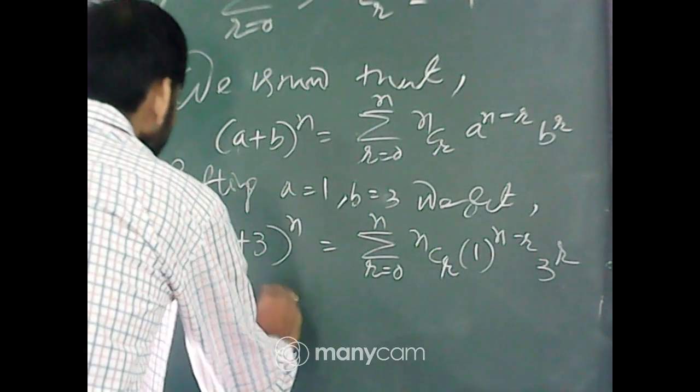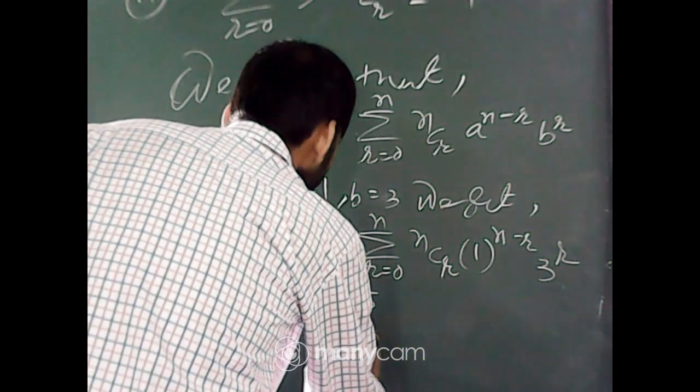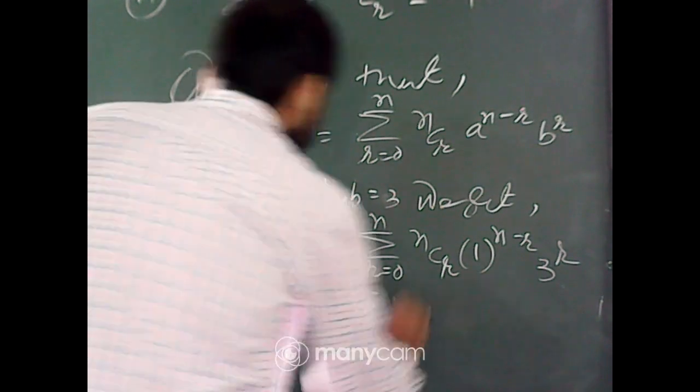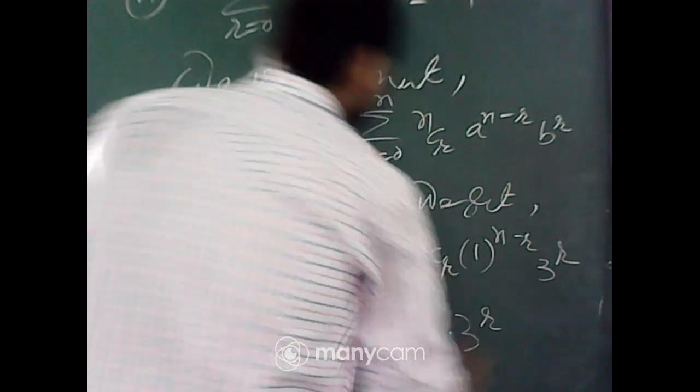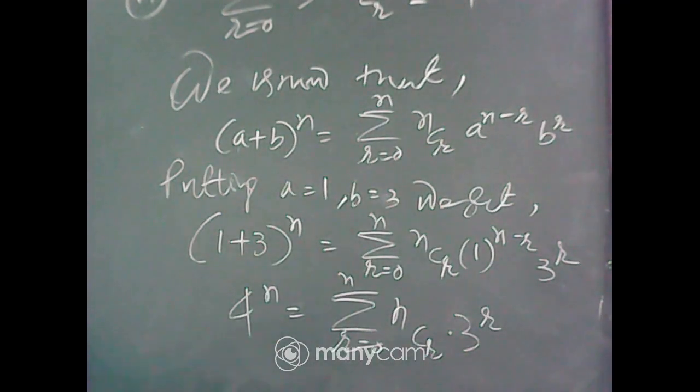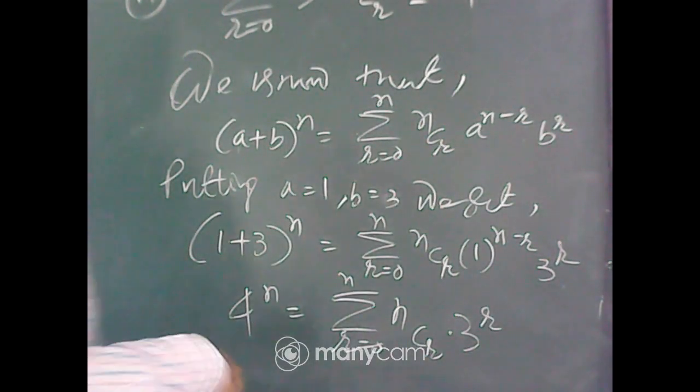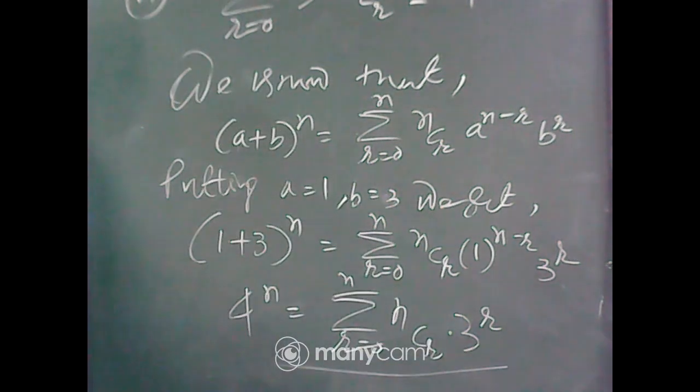That means 4 to the power n equals summation r equals 0 to n nCr into 3 to the power r, because 1 to the power anything will be 1. So that's it. That's a short question actually. That's our question number 14.